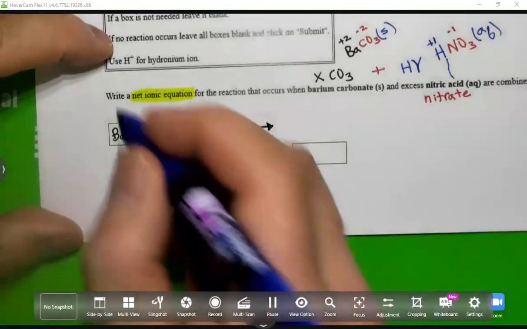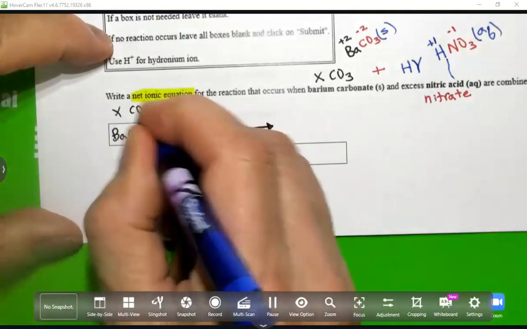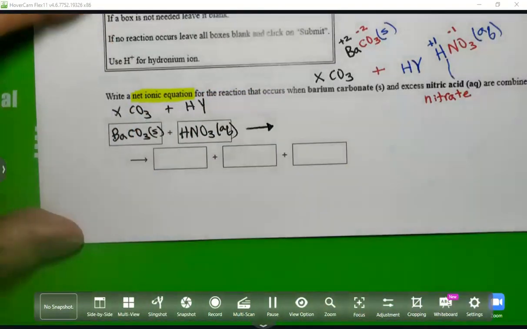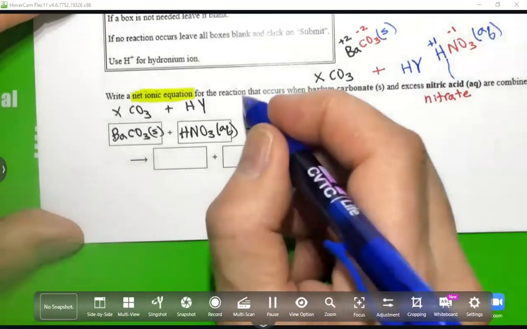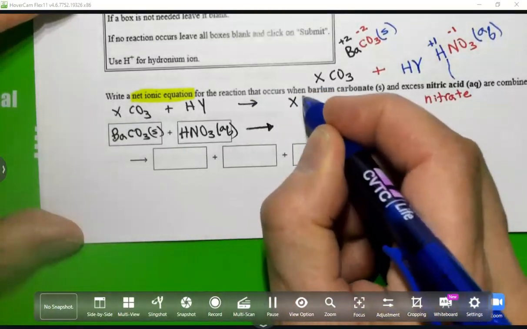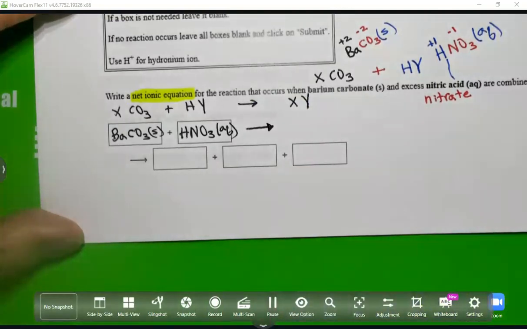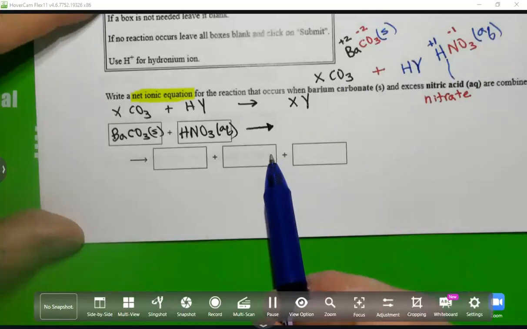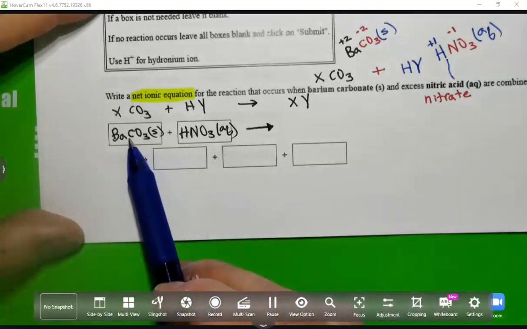Okay, so I have an XCO3 plus HY. I'm going to get XY.